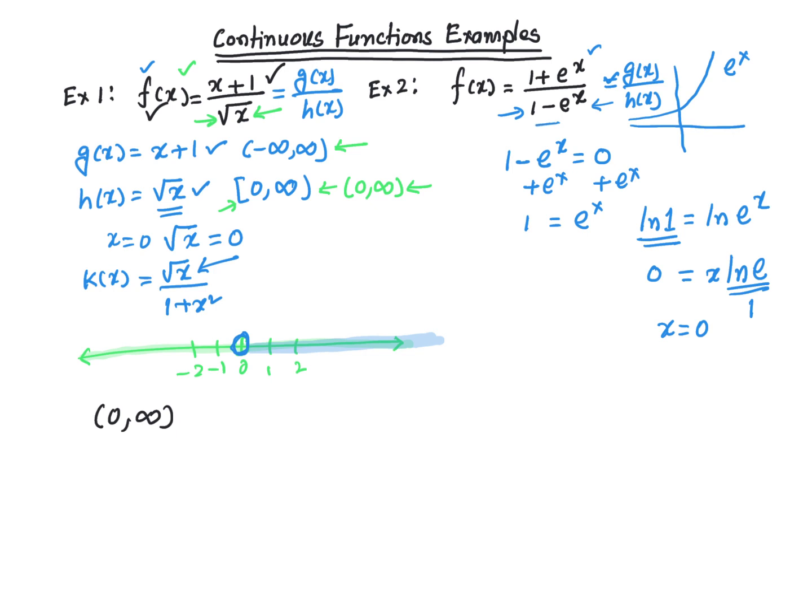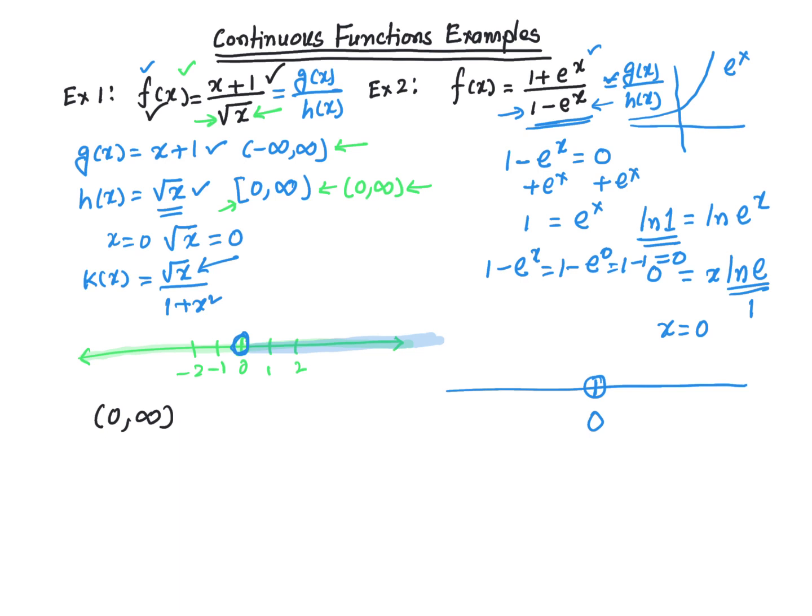So when x is equal to 0, the denominator will become 0, because 1 minus e to the power x is equal to 1 minus e to the power 0. E to the power 0 is 1, so 1 minus 1 is equal to 0. So we are going to have division by 0, where the function will not be defined. Therefore, our set of numbers of interest is everything on the number line except for the origin, that means x equal to 0.